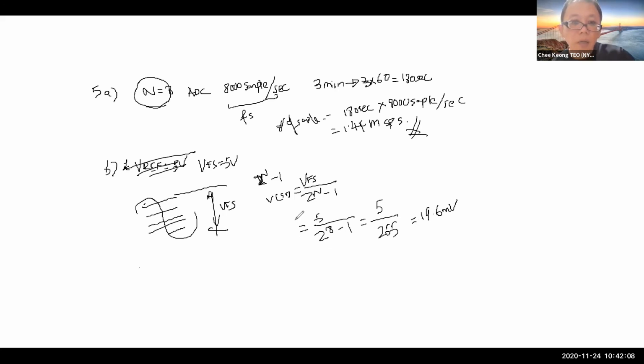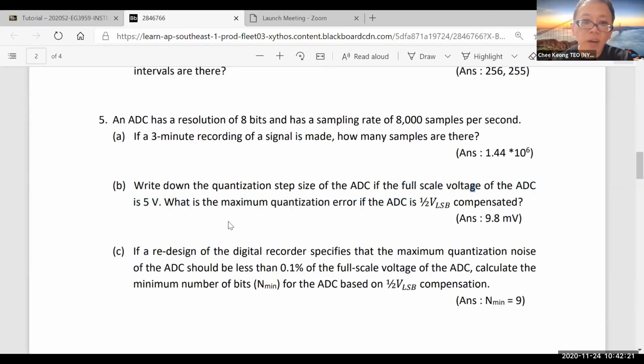Now wait a minute. They want a maximum error, right? So let's look at the question again. Now they want to find the maximum quantization error, which is half an LSB, half VLSB. Now we already found the VLSB. So what is half VLSB?